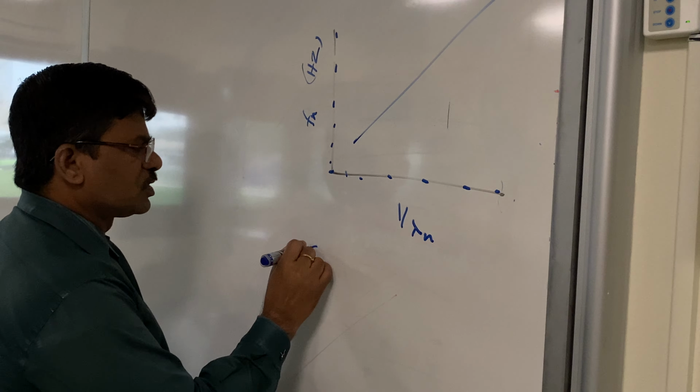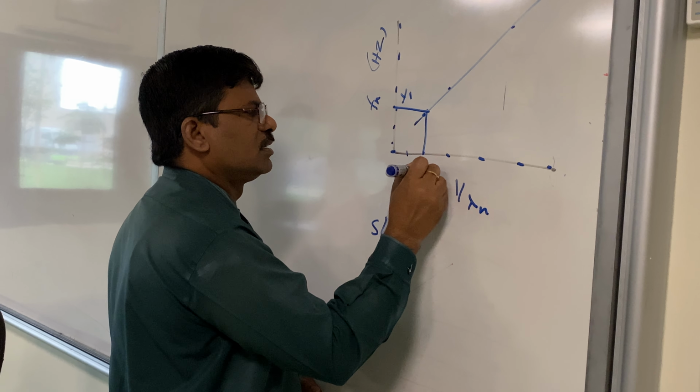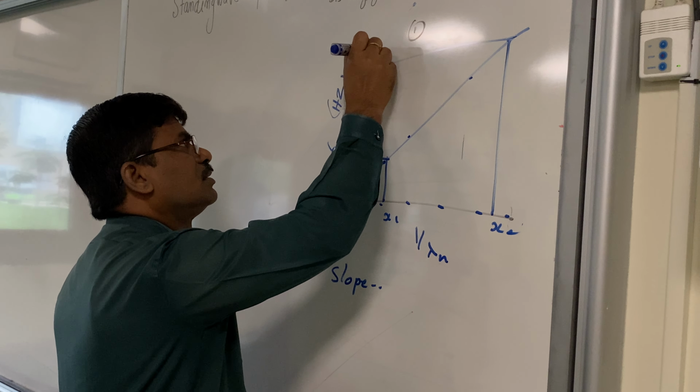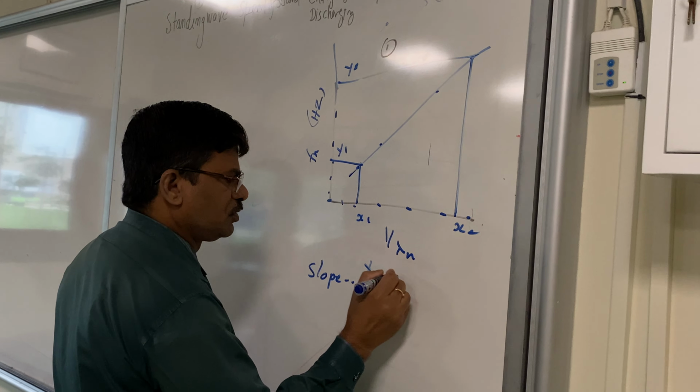Now, can I get the slope? The slope of the graph, you can select any 2 points. This is x1, y1, x2, y2. Slope is y2 minus y1 over x2 minus x1. You will get some number.